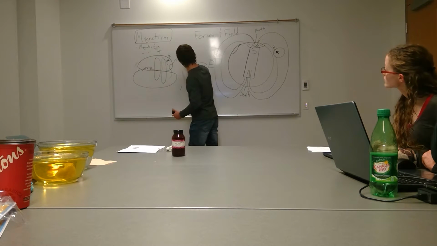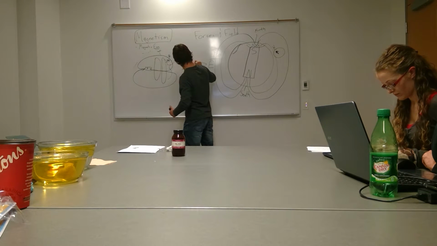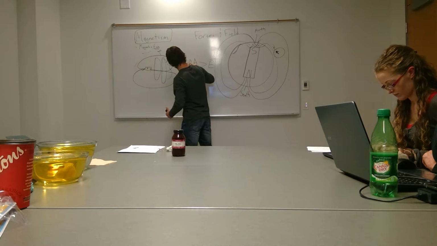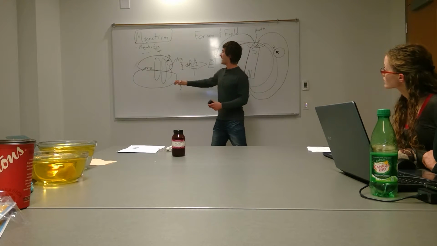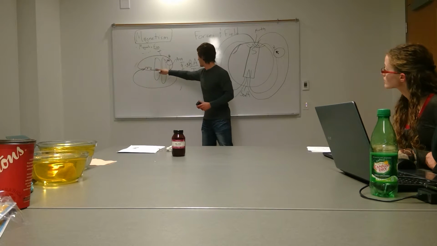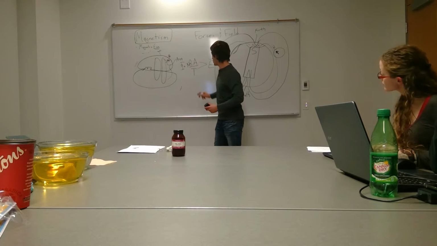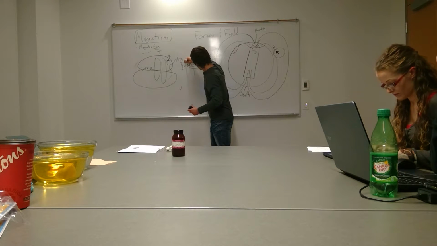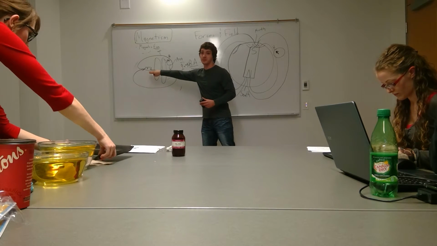What Lenz's law states is that when we have this magnet passing through, any change in our magnetic field is going to produce a change that is equal and opposite to oppose the magnetic field that exists in this magnet.